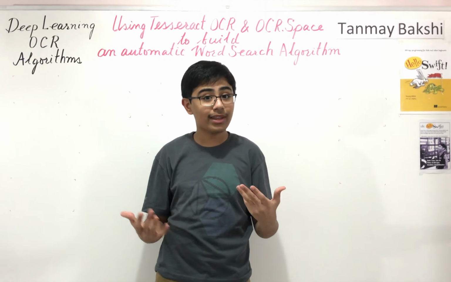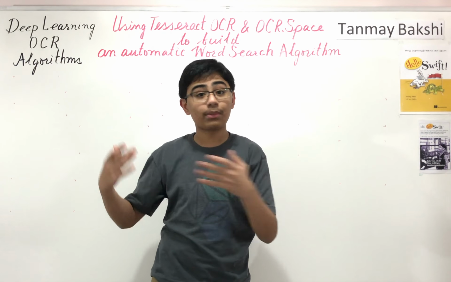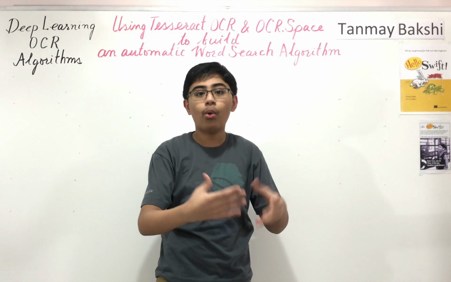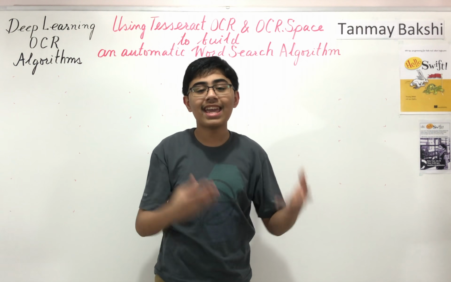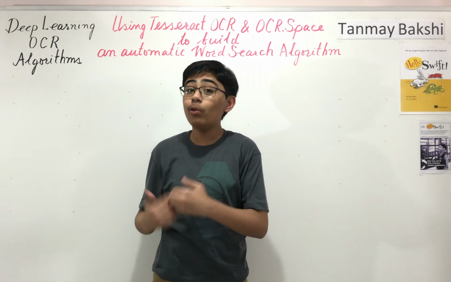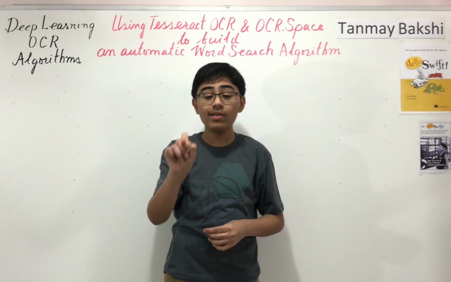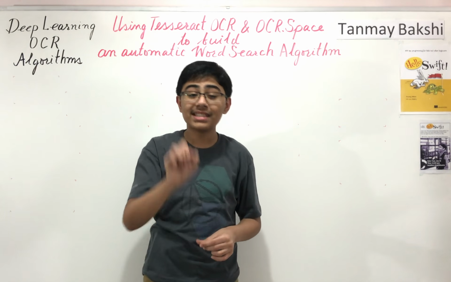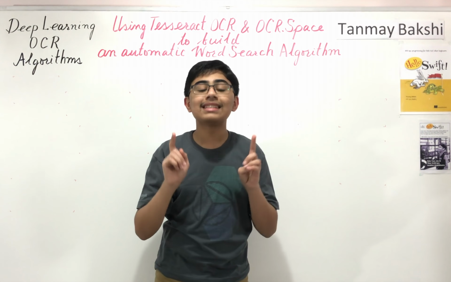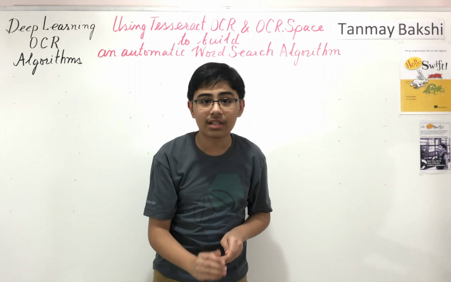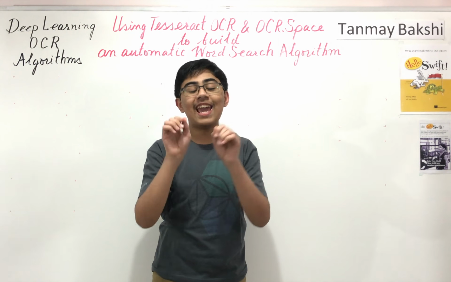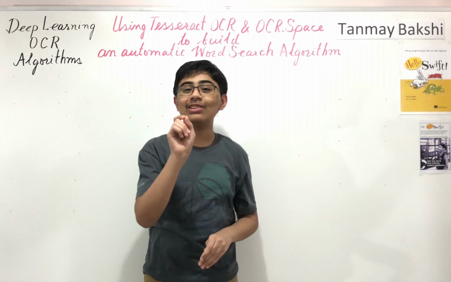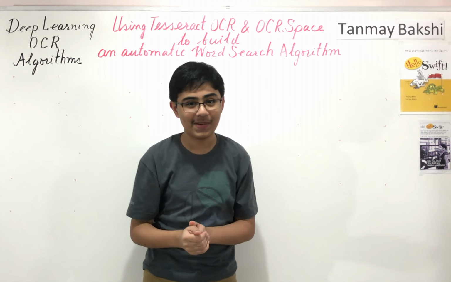Swift will run an algorithm to actually find the words from the word list in the matrix or the actual word search itself, and then Swift will output not only the locations of the letters themselves and the words themselves in the word search, but itself will actually solve the word search, highlight the words, and give them back to you. So let me tell you how we're going to be doing that.